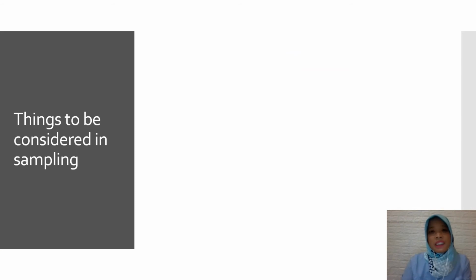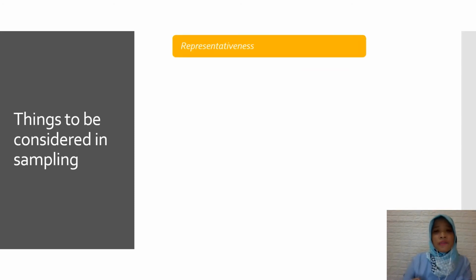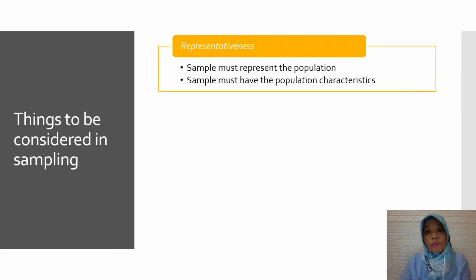Things to be considered in sampling. First is representativeness. It's very important, and actually this is the most important thing, that our sample represents the population. It must represent the population and the population characteristics, but in reality it's not always easy to do.